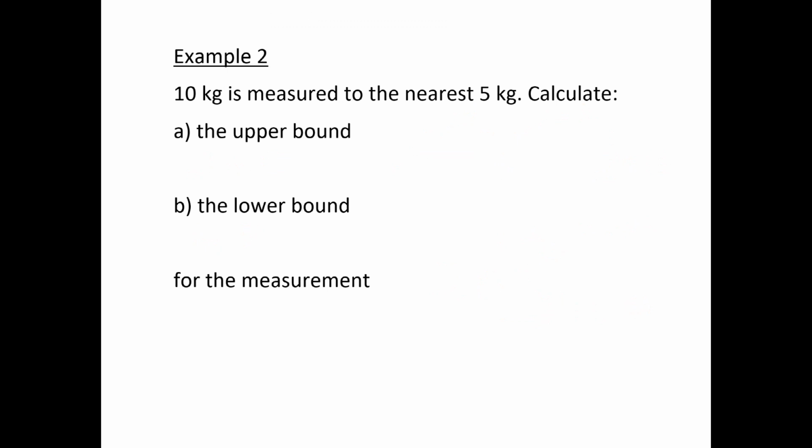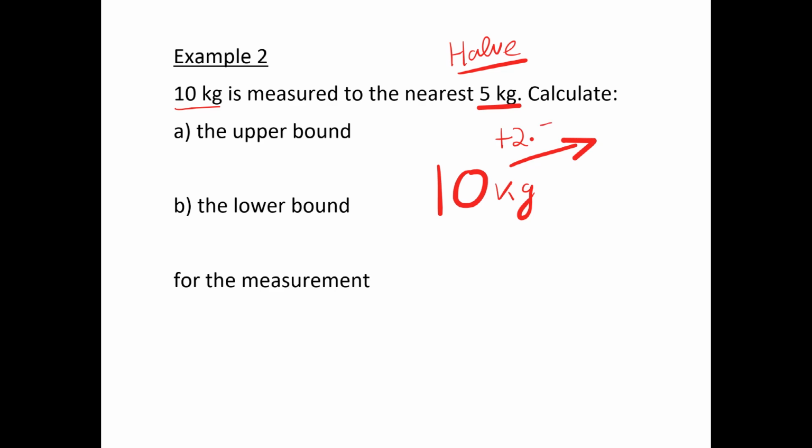Here's a harder example. 10 kilograms is measured to the nearest 5 kilograms. Calculate the upper bound and the lower bound for the measurement. We're going to do the same sort of thing, but this time, because we're measuring to the nearest 5 kilograms, we need to halve 5, because last time we halved 1 centimeter, so we halve 5 to get 2.5, and we take away 2.5.